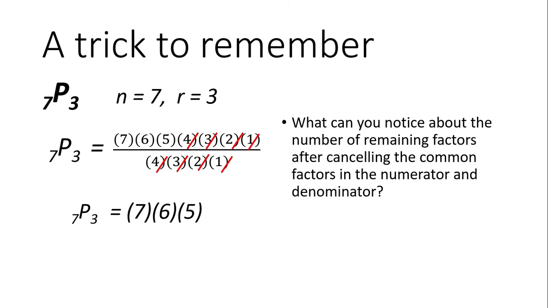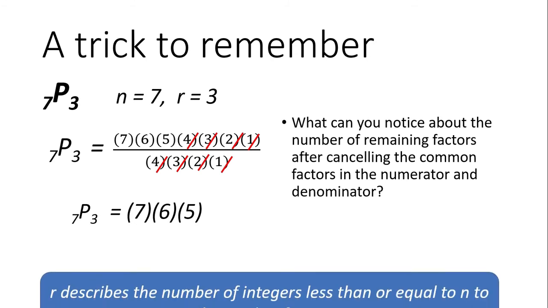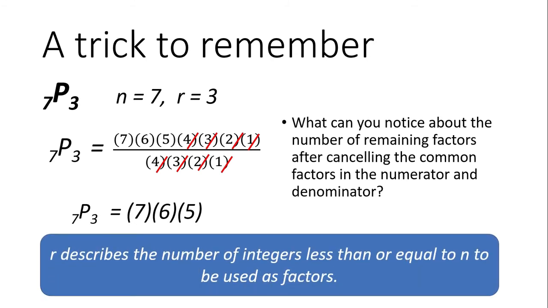So instead of evaluating permutation of 7 taken 3 as 7 factorial divided by 7 minus 3 factorial, you can just evaluate it as 7 multiplied by 6 multiplied by 5. Remember, r describes the number of integers less than or equal to n to be used as factors.